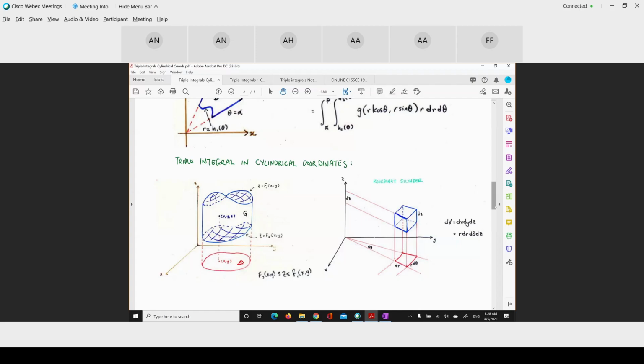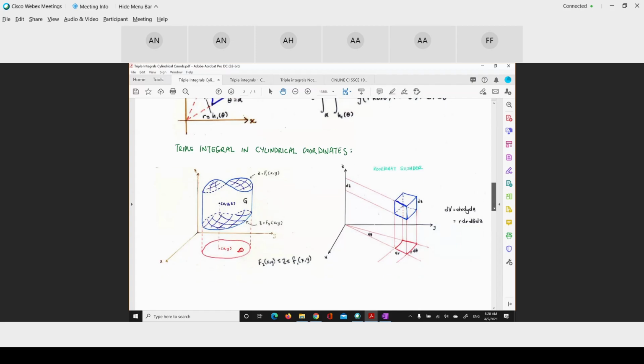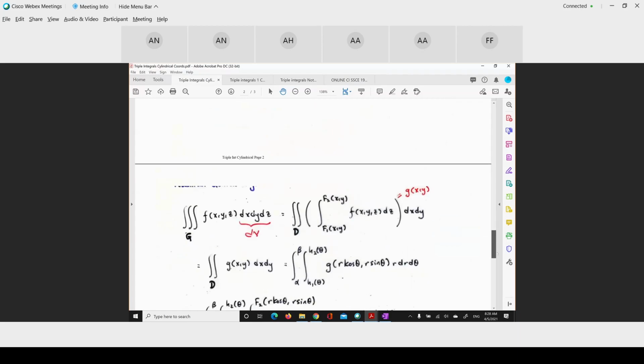So using the above idea, if we are given a triple integral over a solid G, then z remains the same, right? First we evaluate the integral with respect to z, because z is bounded by the upper surface and the lower surface here. So let's call this inner integral a function of x and y.